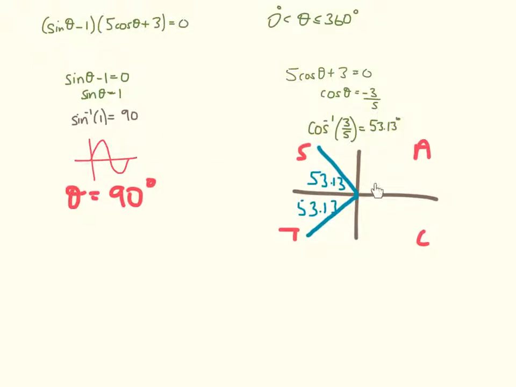And again we spin round to get our answers in that region up here. So that angle will be 180 take away 53.13, which is going to be 126.87.